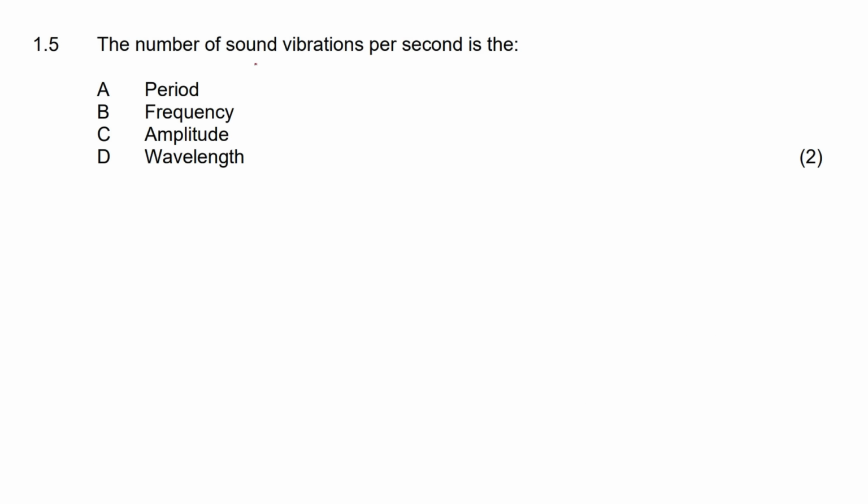The number of sound vibrations per second. Okay, so in grade 10 we started learning about waves, and with waves we learnt about things called frequency, and we learnt about the opposite of frequency, which is called period.